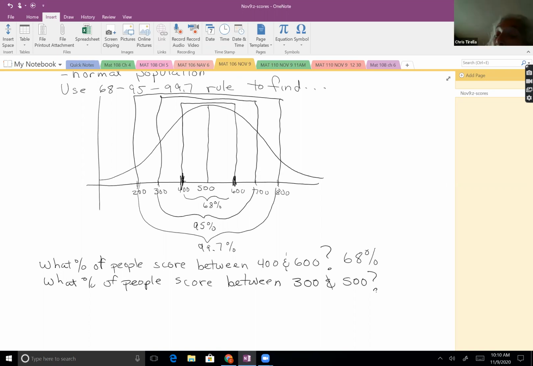Well, I like the idea that you recognize that it's half. That's great. But let's look at the 300 to the 500. Isn't that just half of that box for 95? We're going from the end of 95 to the middle. So we're just half of the 95%, which would give us 47.5%.